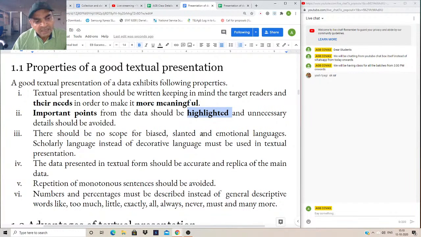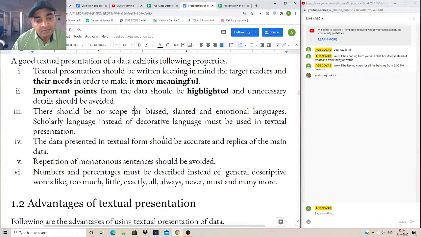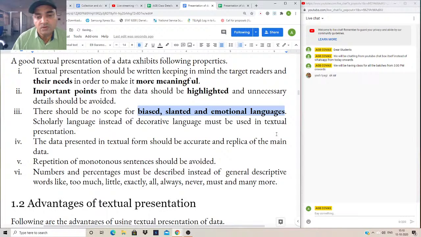Another property is that when you are writing a textual presentation, you should not use biased, slanted, or emotional language. There is no scope for that. You should never use biased, slanted, or emotional language in scholarly articles. So, scholarly language instead of decorative language must be used in a textual presentation.